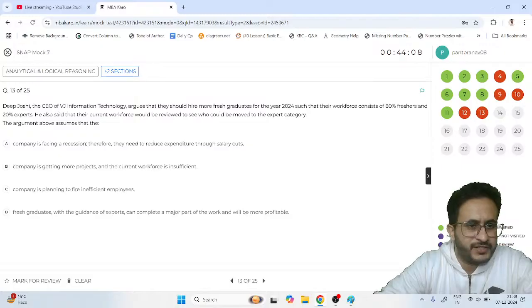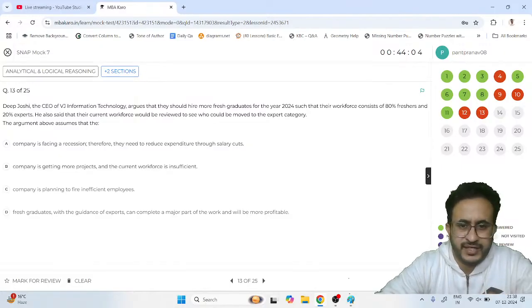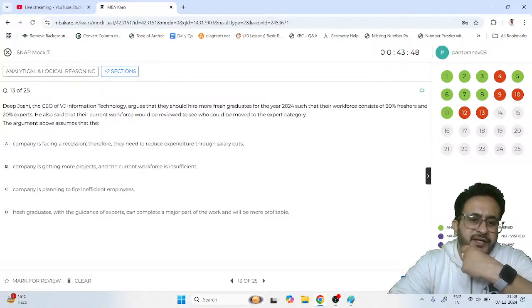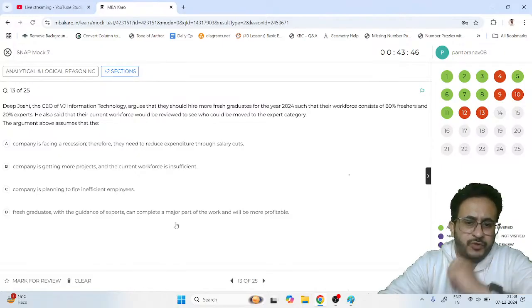Okay, the argument assumes that companies are facing a recession, therefore they need to reduce expenditure through salary cuts. Companies getting more projects and the current workforce is insufficient. Companies planning to fire inefficient employees, firing cannot be assumed. Fresh graduates with the guide of experts can complete a major part of the work and will be more profitable.